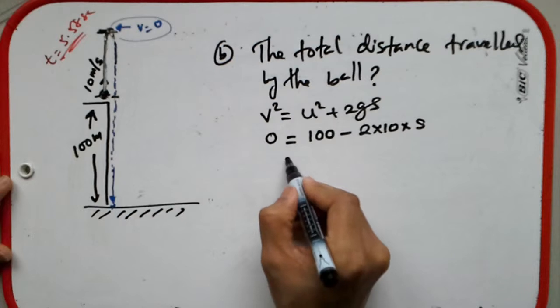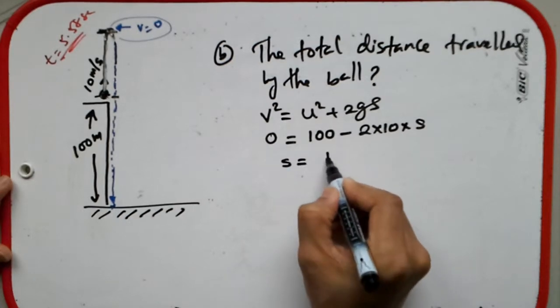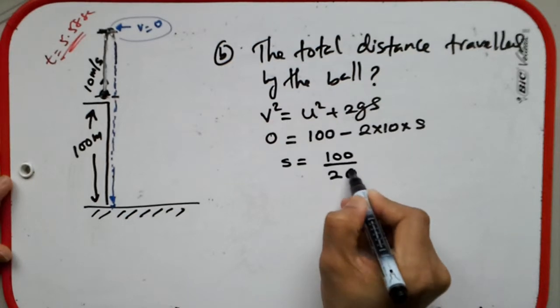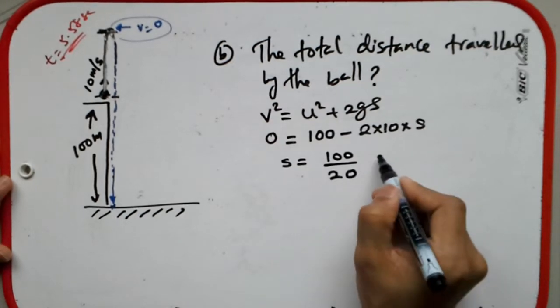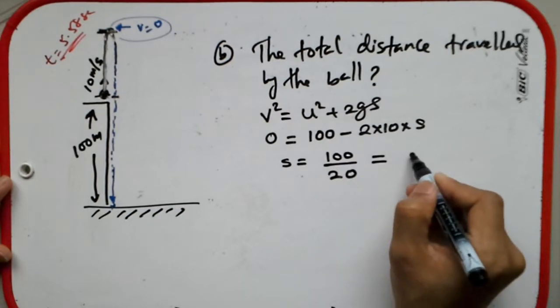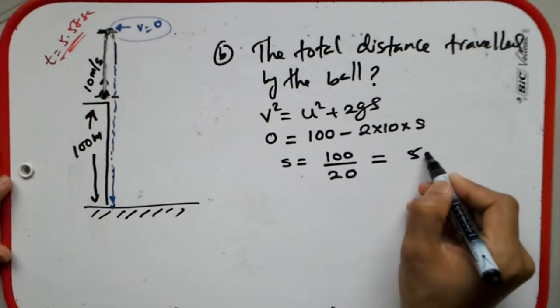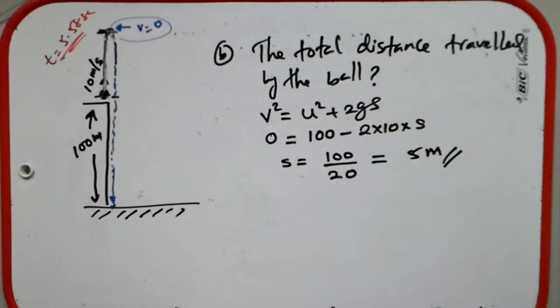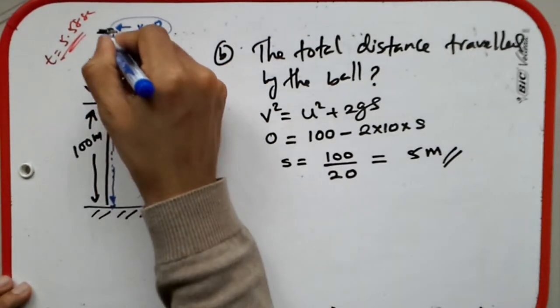So s becomes 100 divided by what? 20. Therefore s equal to what?